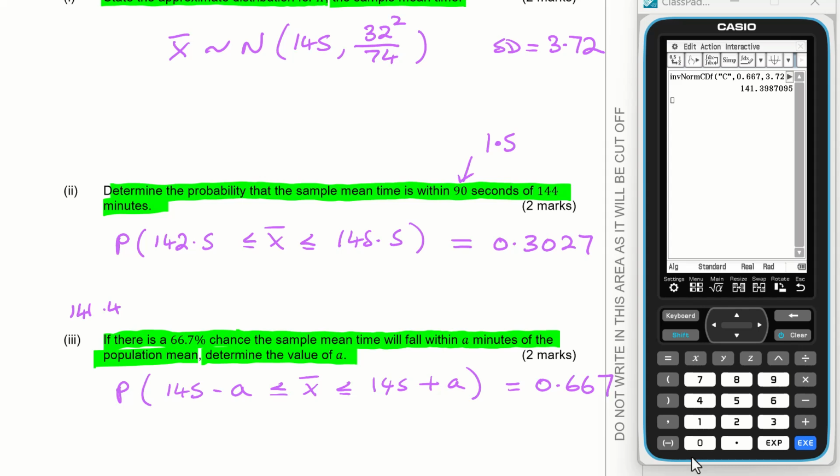So what we're going to do is 145 take away the 141.4. And so that gives us 18 over 5, or if I was in decimal mode, that would give me 3.6.